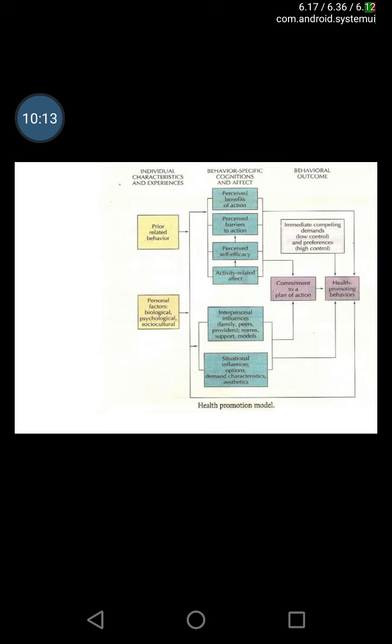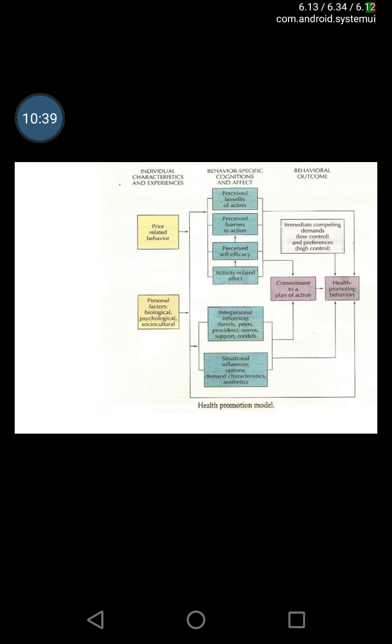In this model, at the top it is written immediate competing demands. That means, like our client with post myocardial infarction, every day he goes for some exercise, but one fine day he can't go because of some environmental factors.